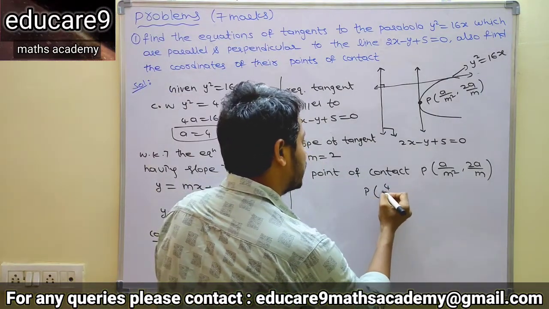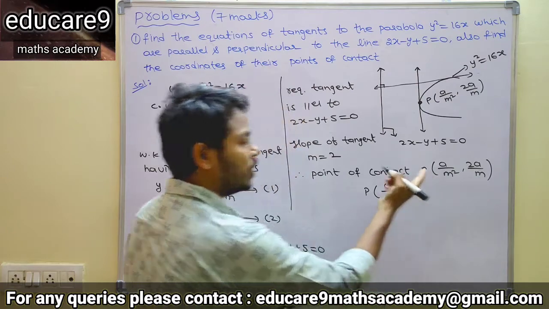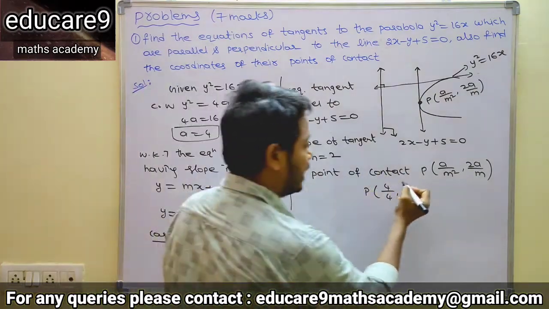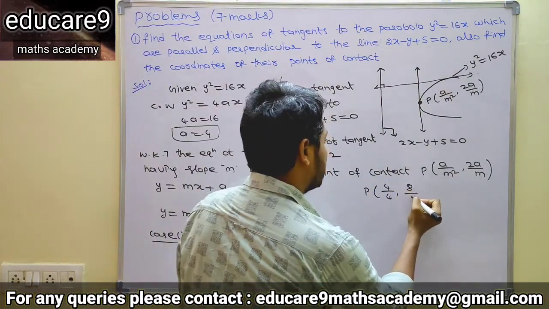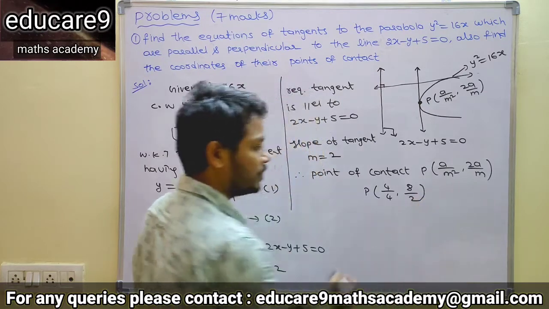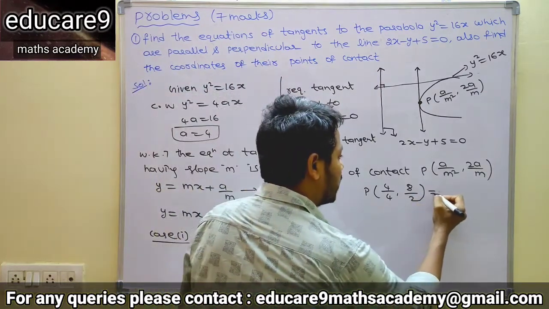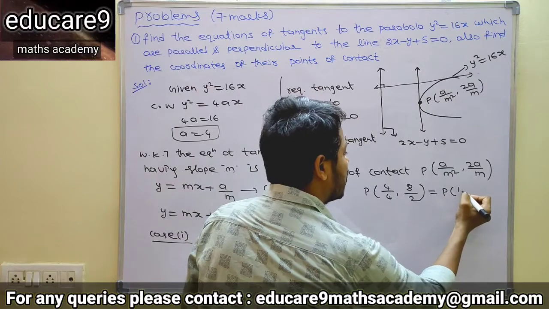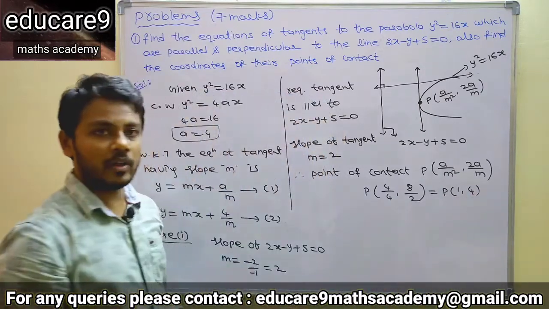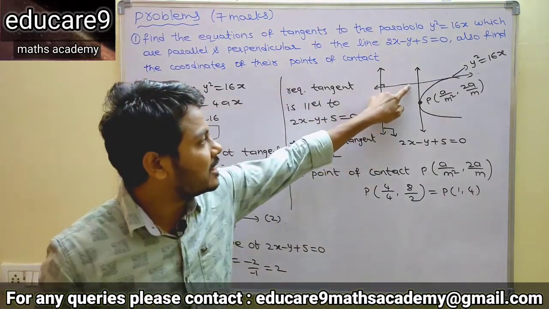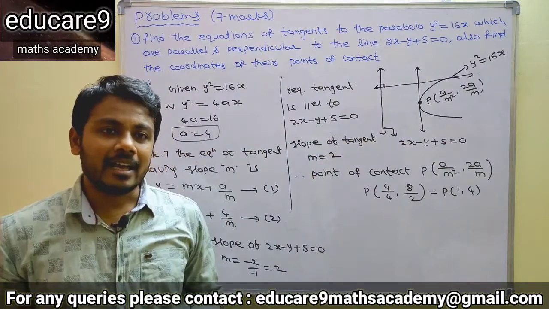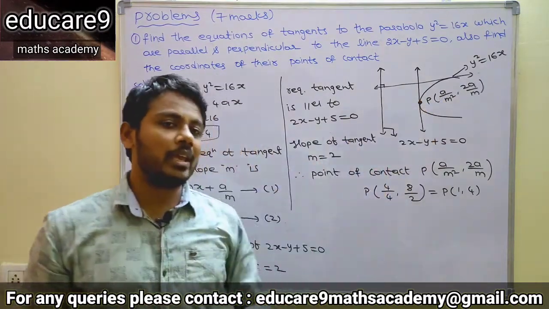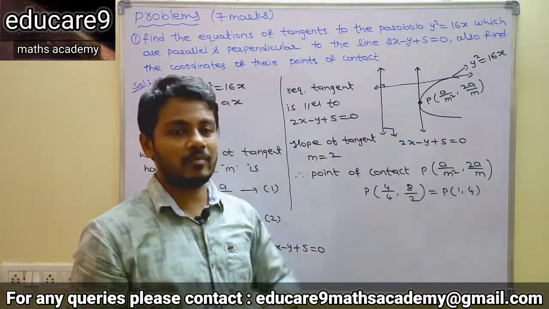P is 4 by 4, 2 into 4 by 2, so P is 1 comma 4. This tangent passes through the point P and has slope m.